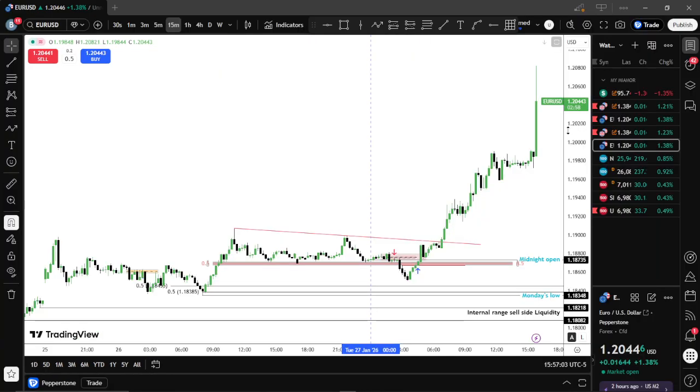So my objective, I think we have tapped also on a weekly level. We have taken out this high. I was looking also at this buy side. Look at that push. And also we'll be looking for these two highs.